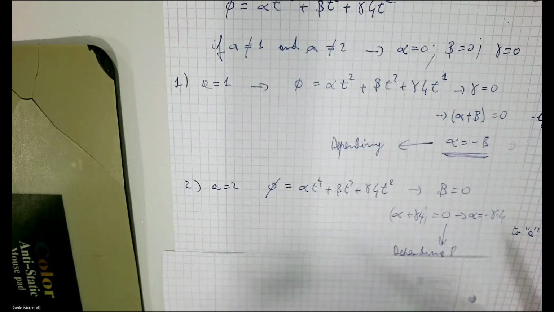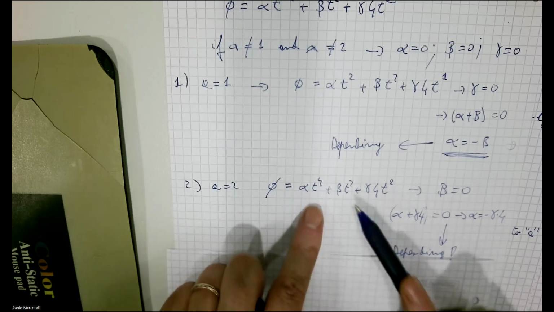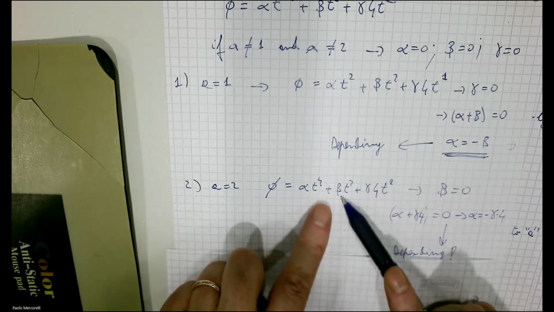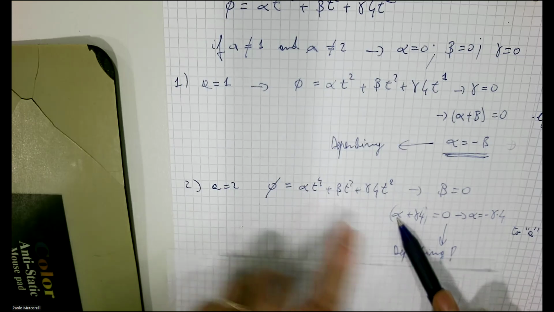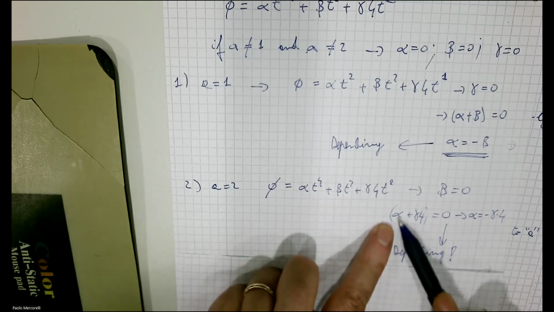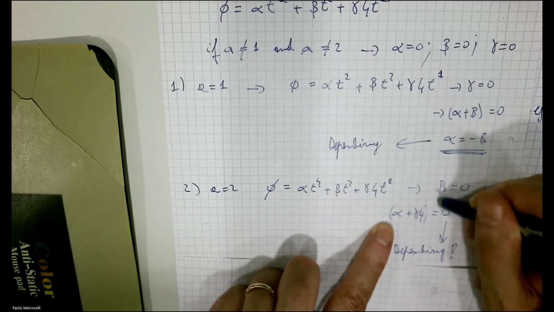No, again error. Let me see. No, it's not correct. We have an error again. Let me see. Beta, and alpha is 0. Yeah, excuse me.